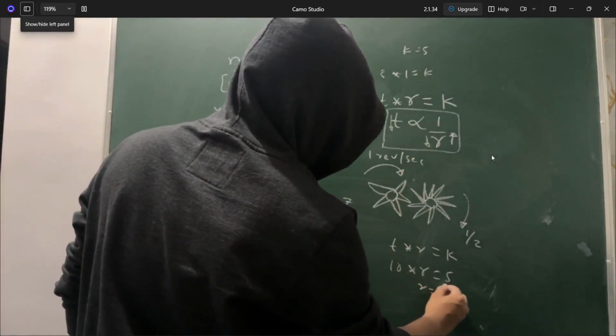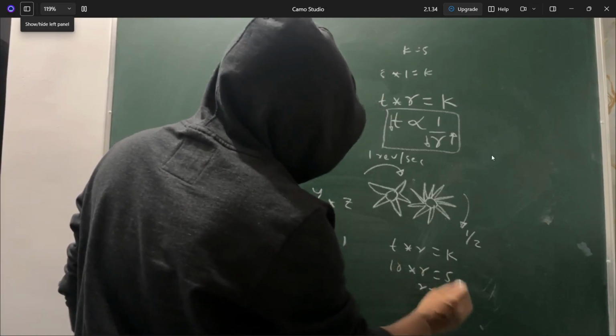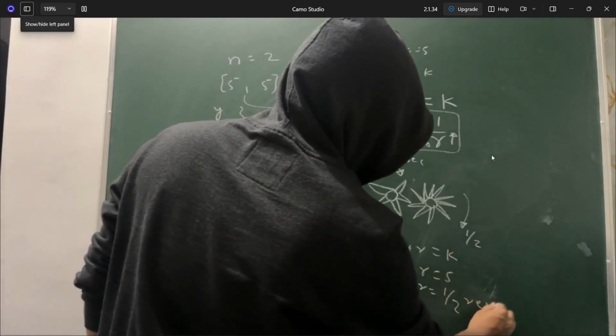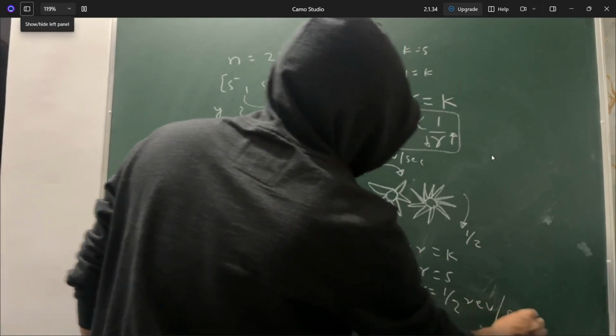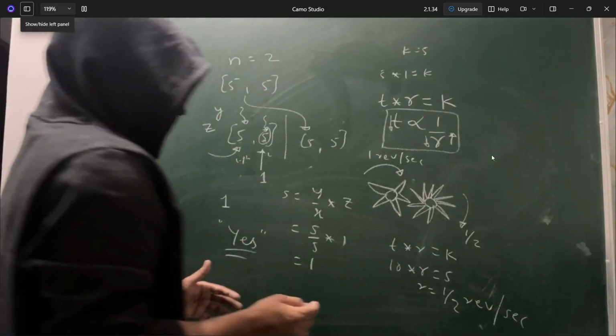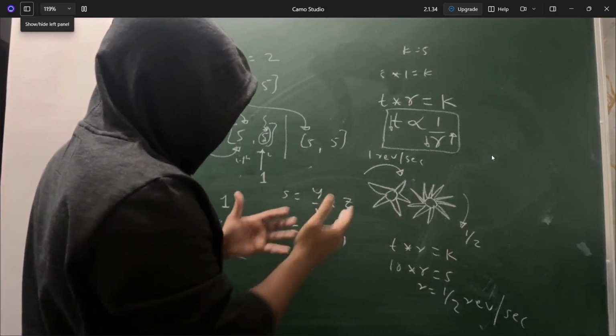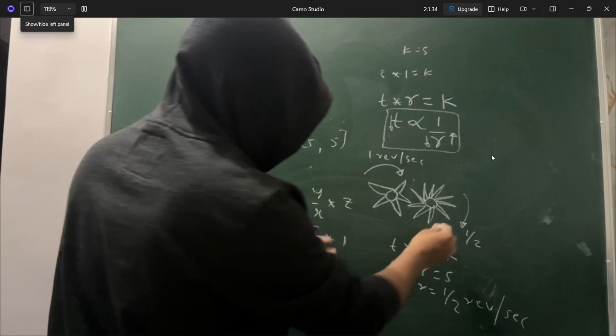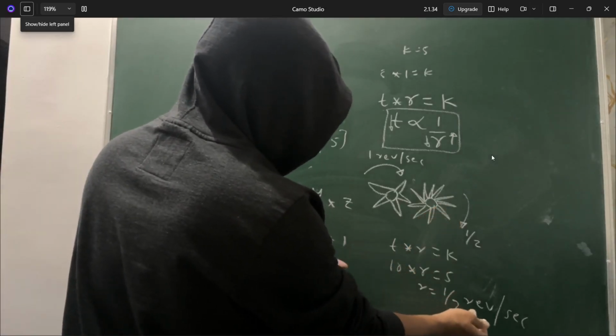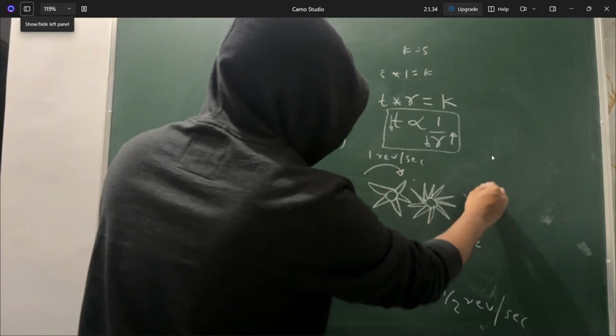So r is again half in this case, 5 by 10, which is half. So it is rotating at half revolution per second, right? You're getting it, I think. So this one is rotating at half revolution per second. So in this case your answer will be no.